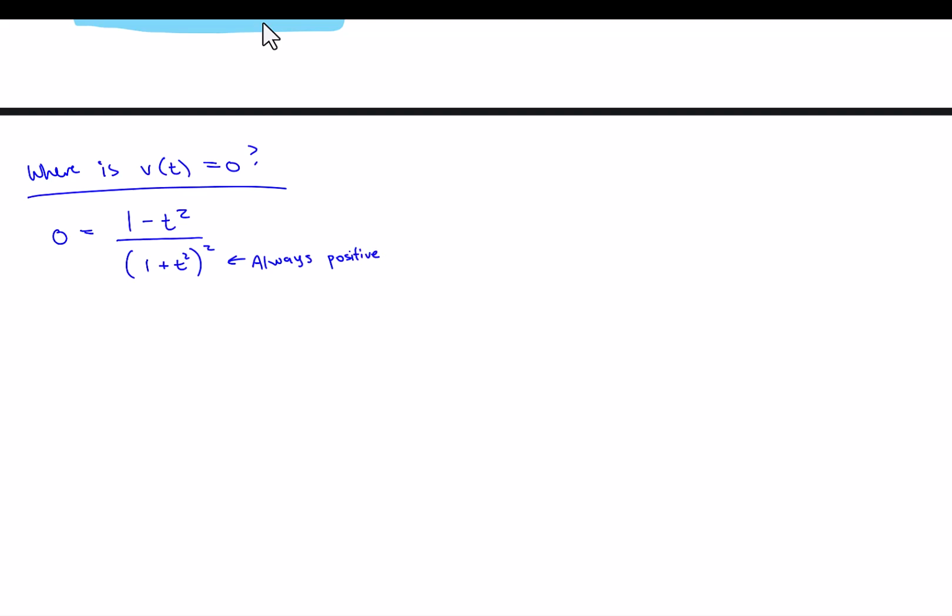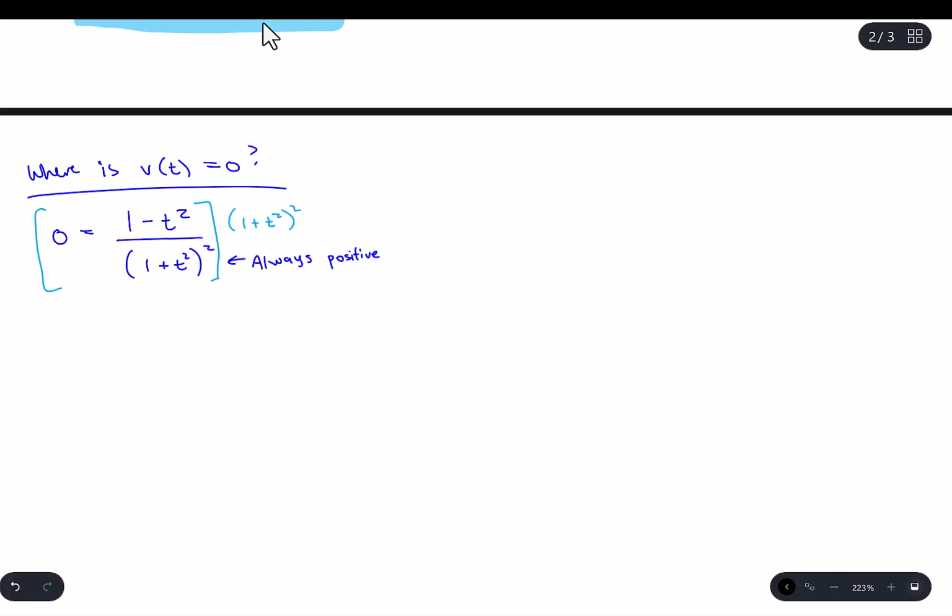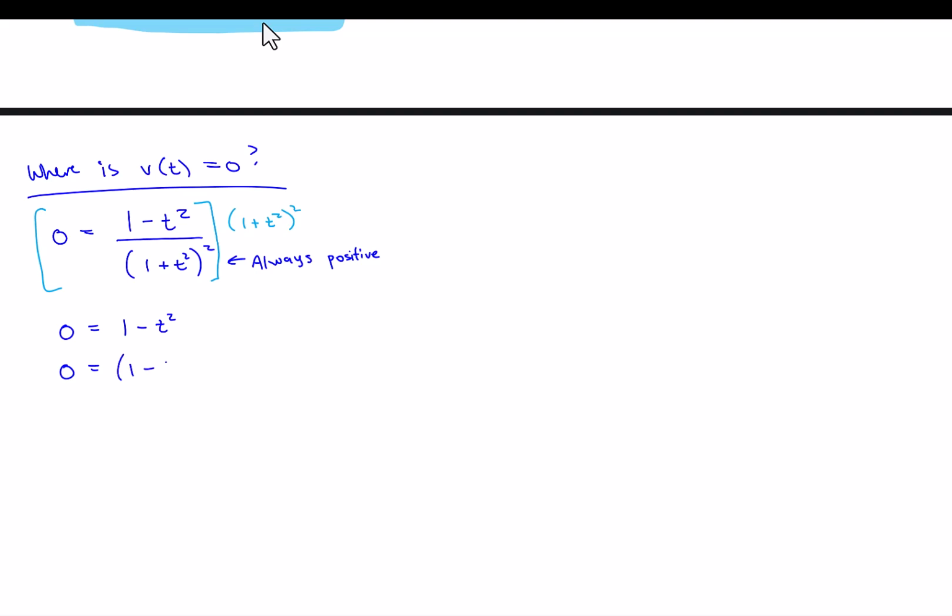All right. Secondly, in solving this equation, really my first step would be to multiply both sides by the denominator. If I do that, the denominator just kind of disappears. So really, I only am concerned where the numerator happens to be 0. All right, so difference of squares, I can factor this into 1 minus t times 1 plus t.